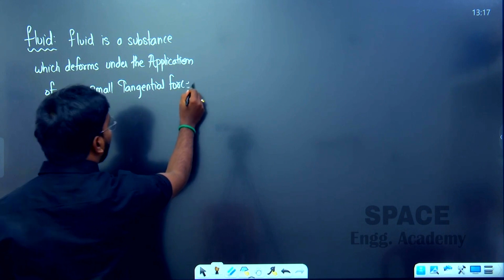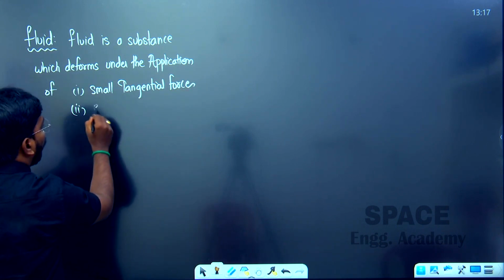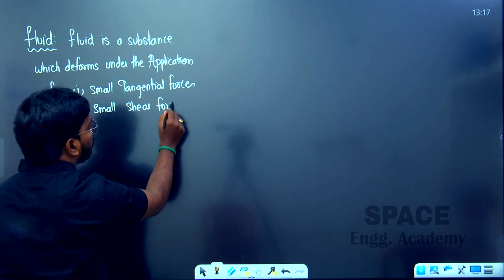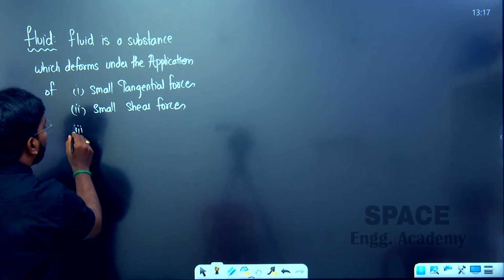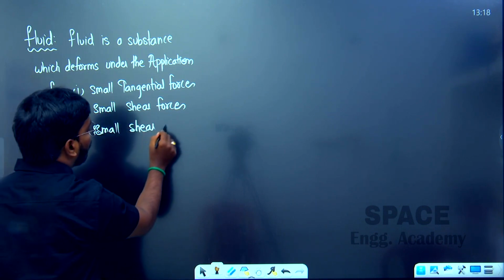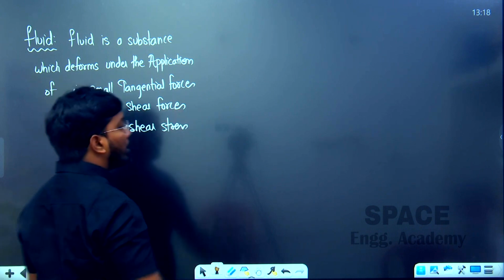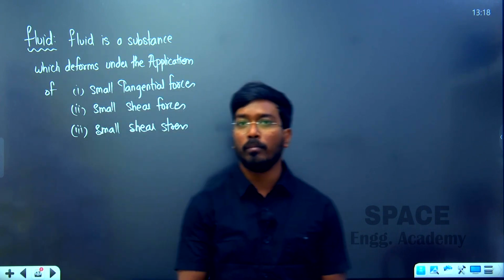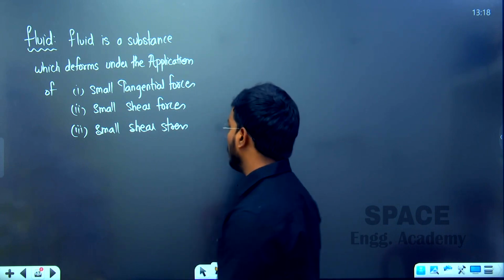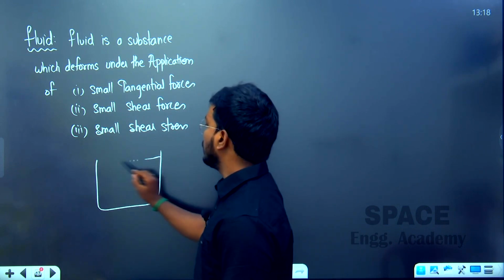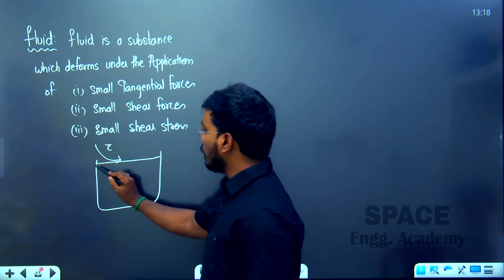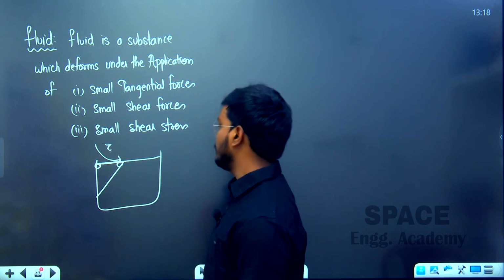small shear forces, small shear stress. Among any of them applied, then only what happens? Fluid will deform. Here deformation indicates what? Fluid in motion. Observe this diagram. When you apply a tangential shear force to it, what happens? A fluid droplet starts moving, or not? Yes.